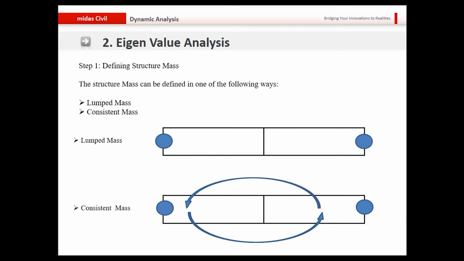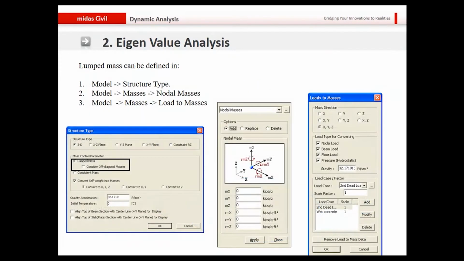In MIDAS Civil, the mass can be defined in the following ways. We have the lumped mass and the consistent mass. With lumped mass, you have the masses just at the nodes, and with the consistent mass, you have them all over the structure.